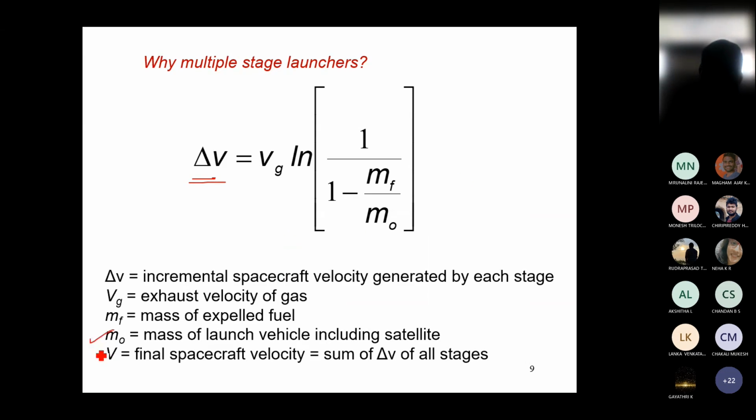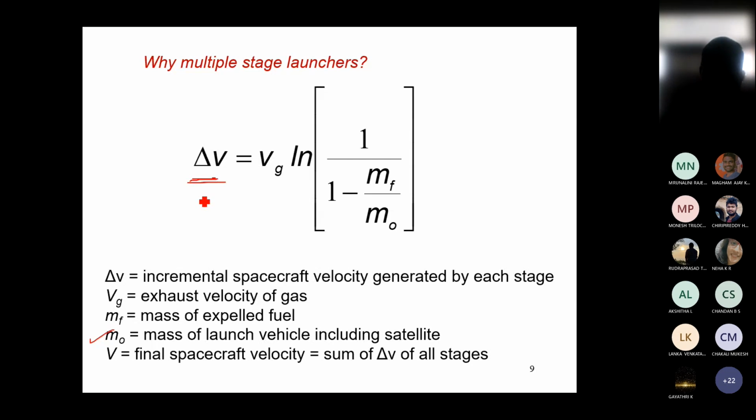As the rocket is moving, the value of m0 is decreasing, and since the weight is decreasing, the velocity is increasing. So even without applying external thrust, the velocity of the satellite is increasing.